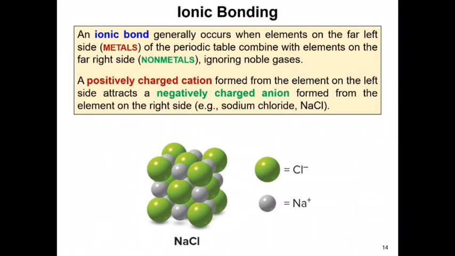And this makes ionic bonding an electrostatic type of interaction between positive and negative charges. Sodium, for example, has a positive charge, which makes it a cation. And this chlorine right here has a negative charge, which makes it an anion. So we have a sodium ion and a chloride ion, which make up sodium chloride, an ionic compound.